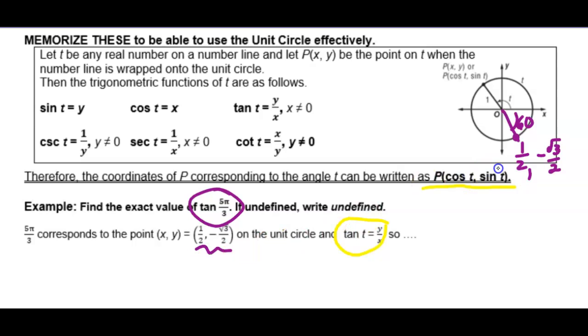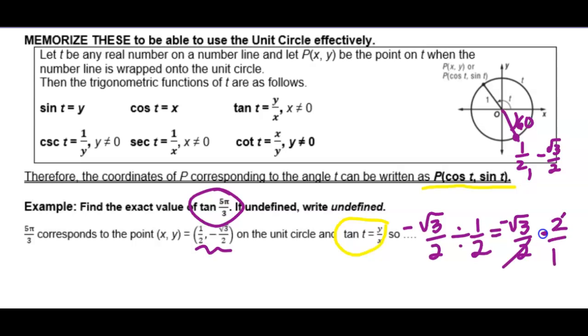And then tangent is y over x. Now if I put the y value divided by the x value, and then I flip it over, these will divide out, and I get negative square root of 3 over 1, or just negative square root of 3. But remember, I told you, as long as the denominators are the same, they're going to always cancel out.